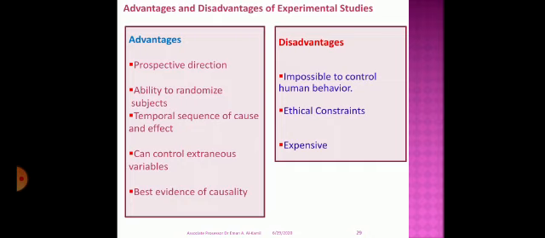And we can control the extraneous variables. Sometimes we can control some of them. We exclude some individuals, and we put certain criteria for inclusion and criteria for exclusion, and it is regarded as the best evidence of causality.